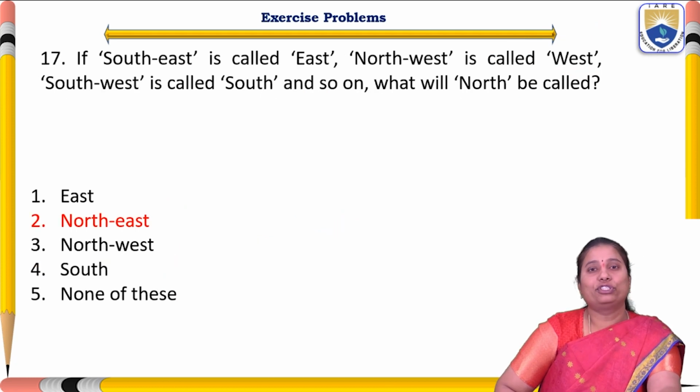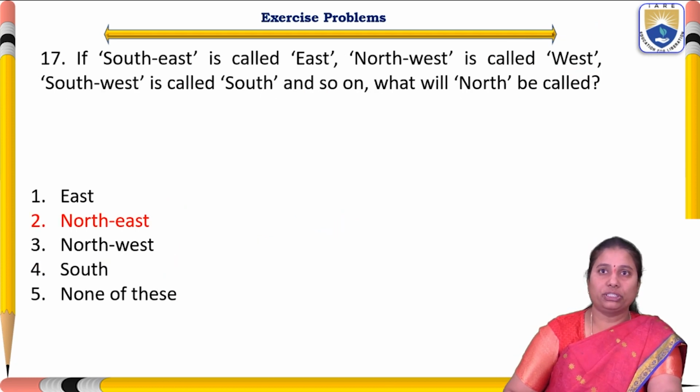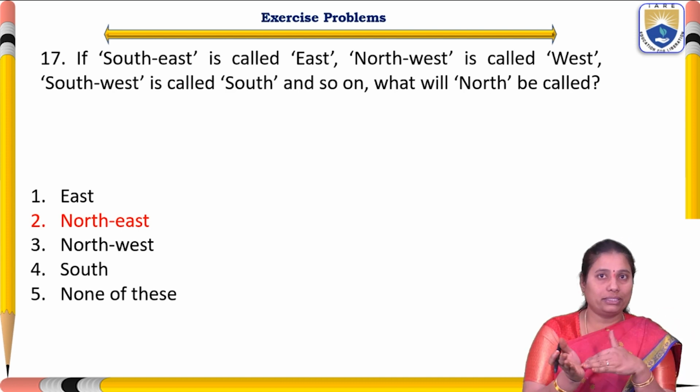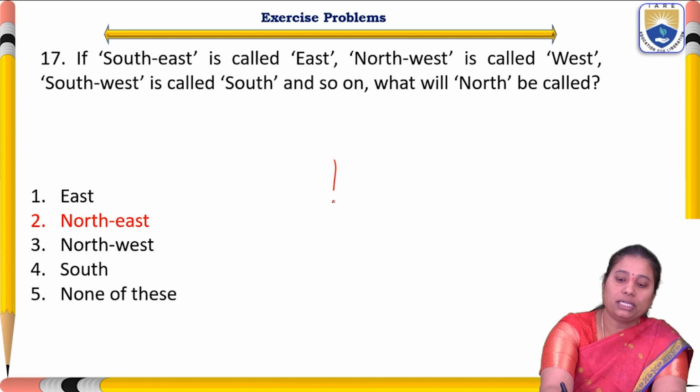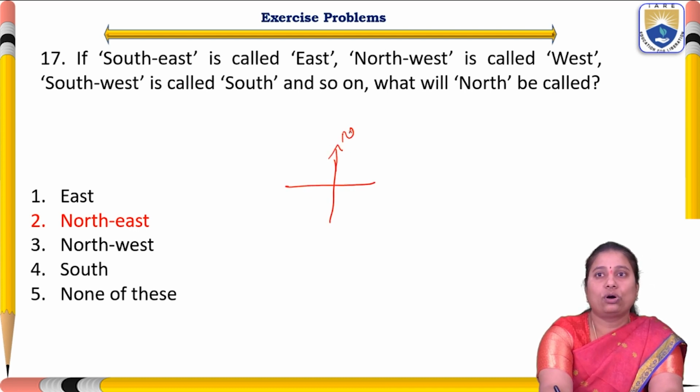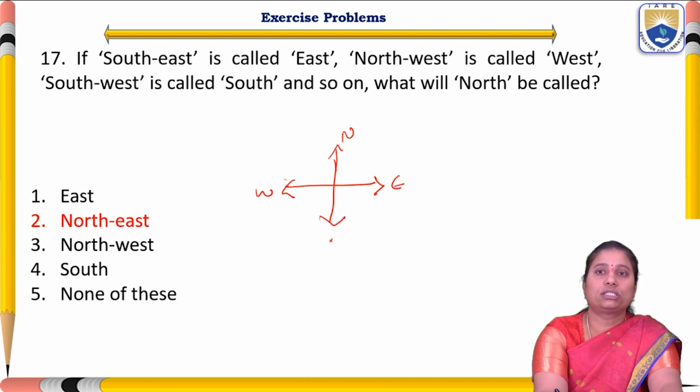This kind of question, most frequently asked, involves assuming or changing one direction to another. For all these, let us draw our basic elements, that is north, east, west and south.